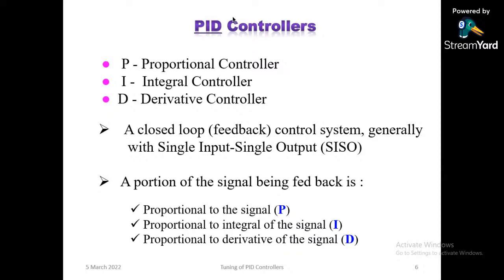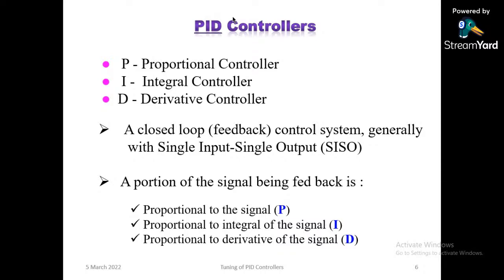Okay. I have three controllers, P, I, D controller. Fine. So if I want to combine them, I'll combine proportional plus integral, first option. Then proportional plus derivative.